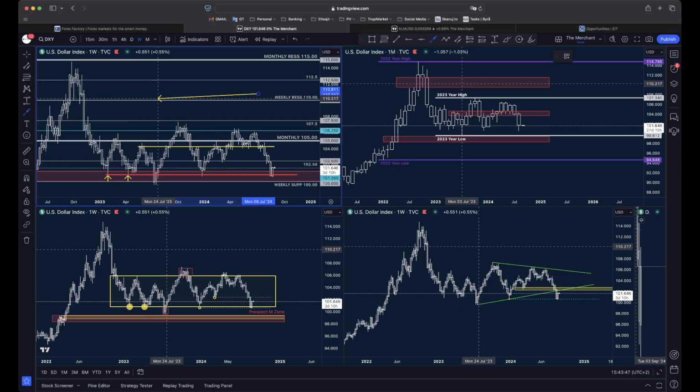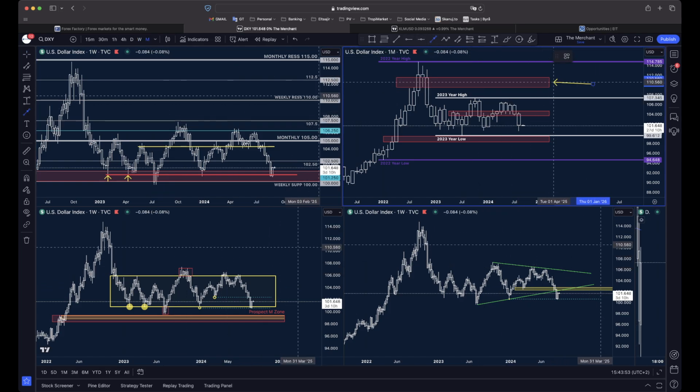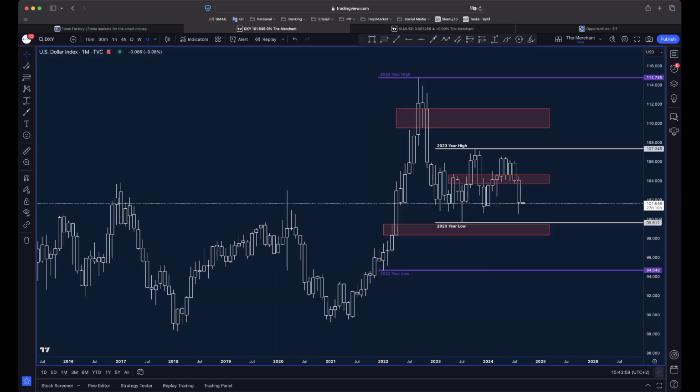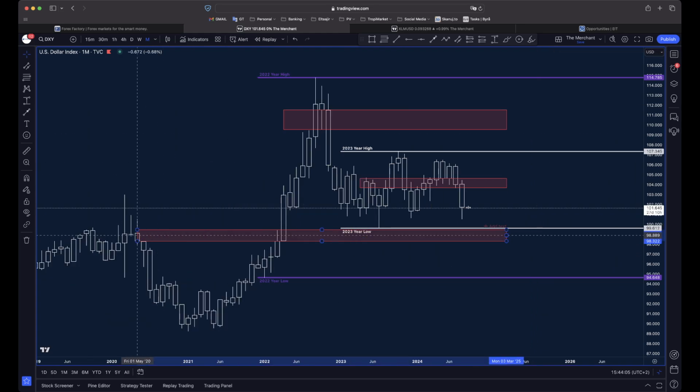So this level, 110 on the top left, and this red zone on the top right are both the same area, which tells us that this zone is very strong, and sooner or later price will come to retest this.